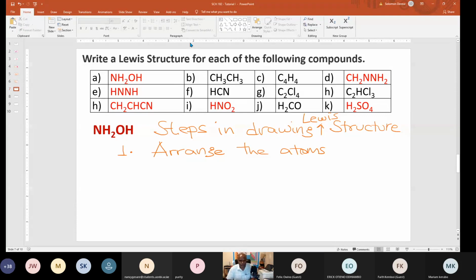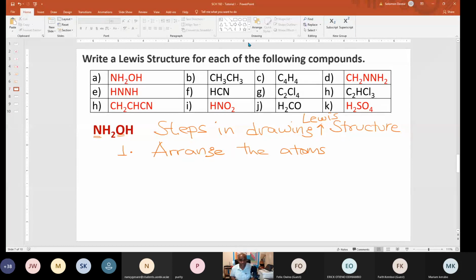Sometimes you might have a challenge in determining which of the elements should be at the center. For example, in this particular case, you have nitrogen and oxygen. Which of the two? Is it the nitrogen or the oxygen that should be at the center? That you determine based on the electronegativity.